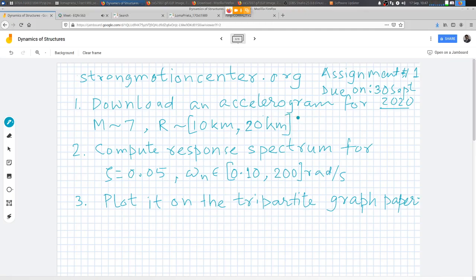And then you need to compute the response spectrum. Let me be more specific.